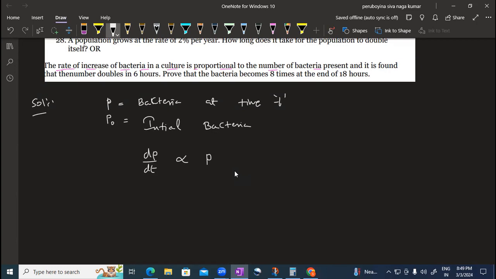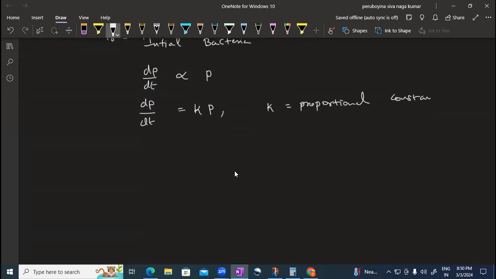So rate of change is proportional to the present bacteria. So dP by dt equal to proportional to P. So remove this proportionality. So write some K into P, where K is the proportional constant. Proportional, we have to write everything. Okay, proportional constant.